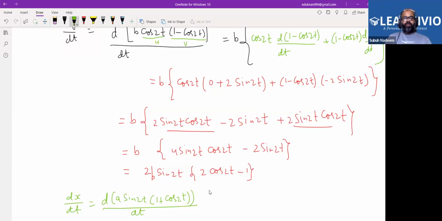Then we will proceed further. So write this down and then calculate this. This was dy by dt, and you have to find now dx by dt.